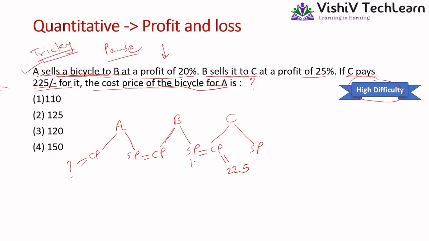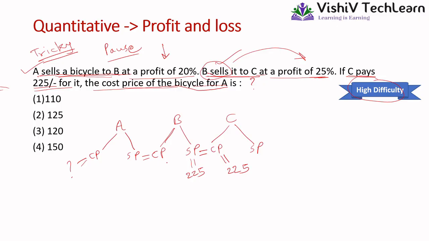So selling price of B is also 225. Now if selling price of B is 225 and B sells it to C at a profit of 25%, then B had a profit of 25%. Correct?